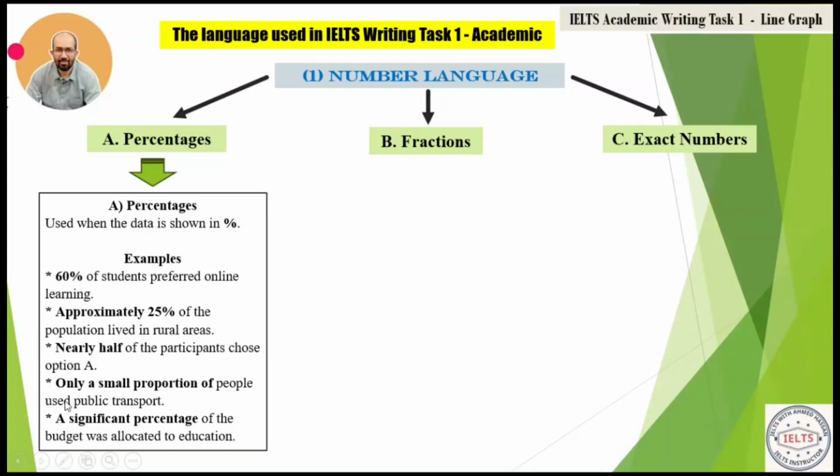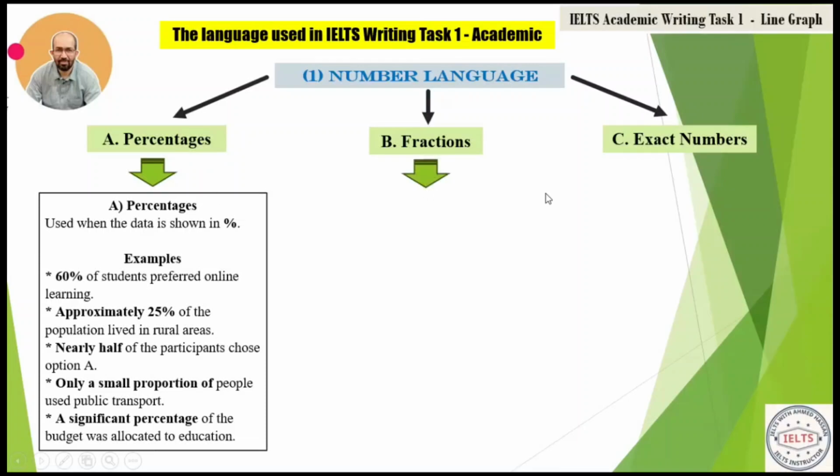Nearly half of the participants chose option A. Only a small proportion of people used public transport. A significant percentage of the budget was allocated to education. So you can see approximately, nearly half, only a small proportion, a significant percentage. All of them are about percentages.